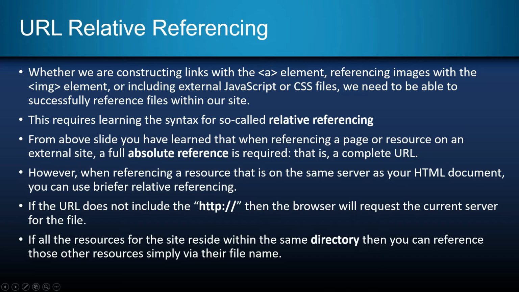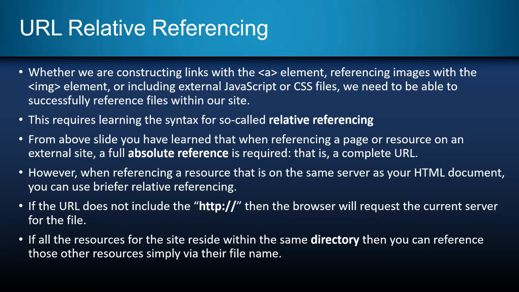If you learn how to locate these files using the proper syntax, you can properly refer to those files, images, scripts, or CSS files, whatever you are referring to. Now, from the above slide you have learned that when referencing a page or resource on an external site, a full absolute reference is required, that is, a complete URL.